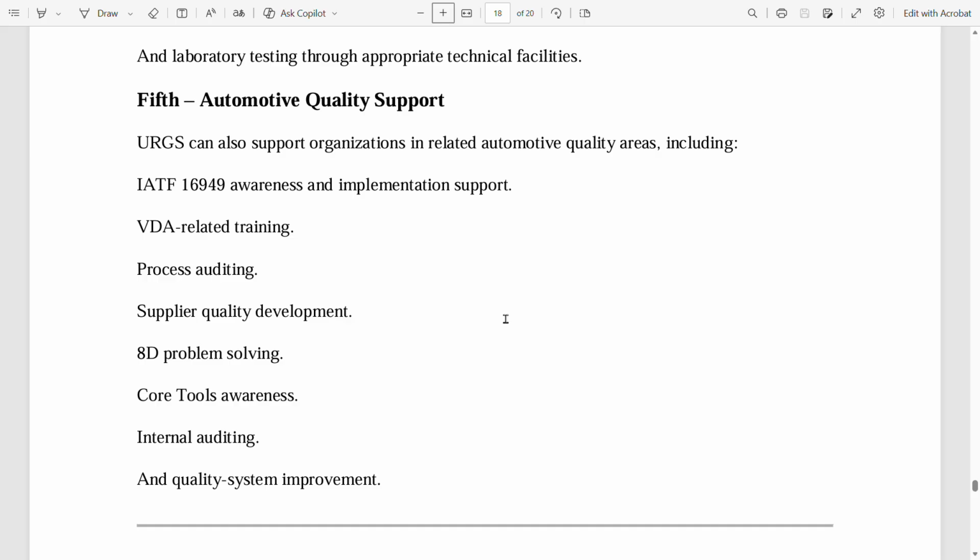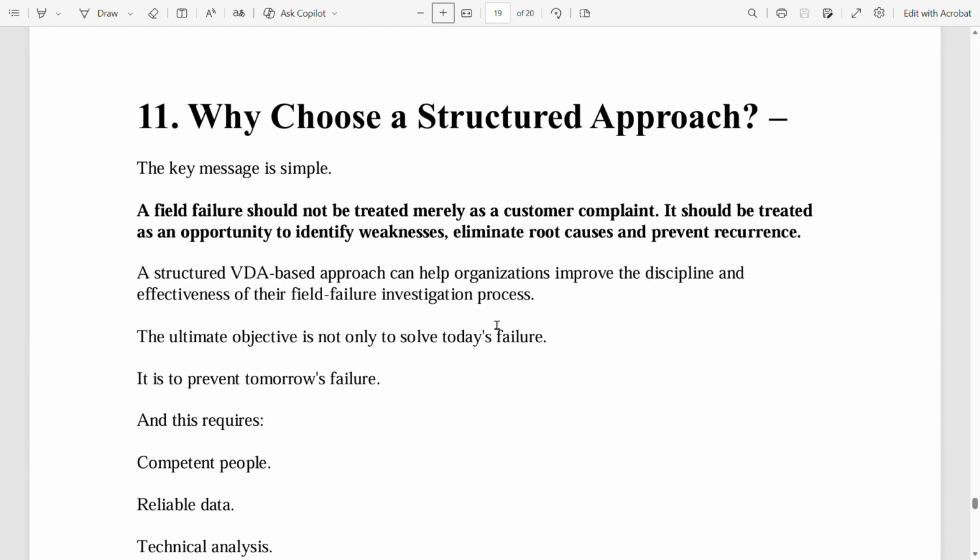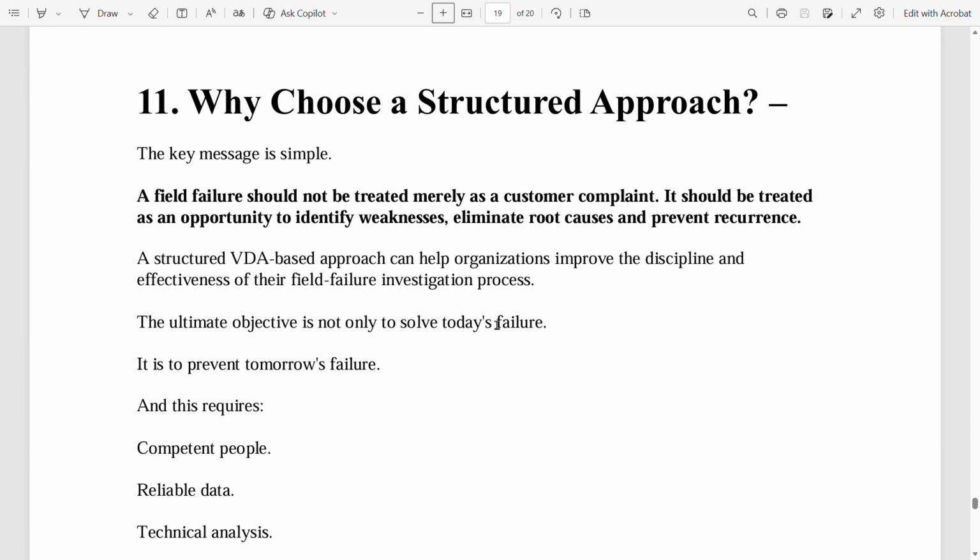URGS can also support organizations in related automotive quality areas including IATF 16949 awareness and implementation support, VDA related training, process auditing, supplier quality development, 8D problem solving, core tools awareness, internal auditing, and quality system improvement.